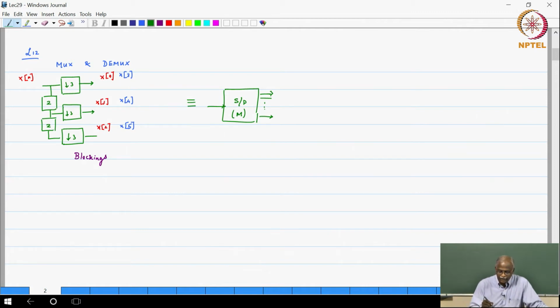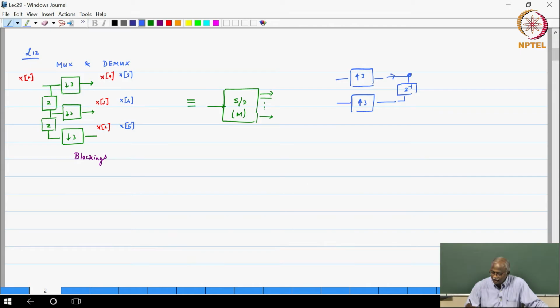And then on the other side, if you want to look at a multiplexer operation which is most convenient for us, again I will take the case m equal to 3, 3 parallel streams connected or added with a delay operation.